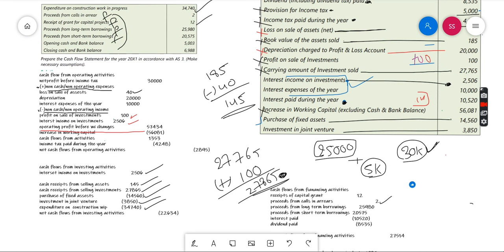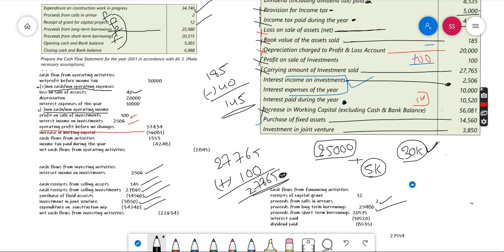Receipts of capital projects, which is 12, and then proceeds from long term borrowing. This is a cash inflow of 25,980. Proceeds from short term borrowings again 20,575. That is also a cash inflow. And then let's see here, interest paid during the year was 10,520, which is a cash outflow, right? And then is there anything else?